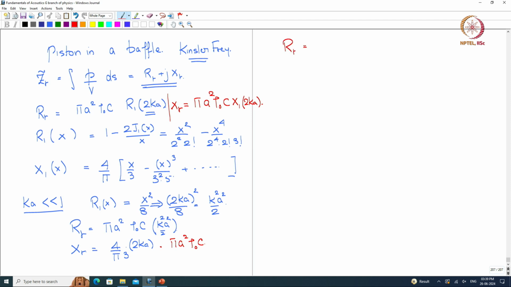R of r is pi a square, the piston area, rho 0 c 1/2 ka whole squared, and the x of r is again pi a squared rho 0 c 4/3 pi into 2, so 8/3 pi into ka, okay.